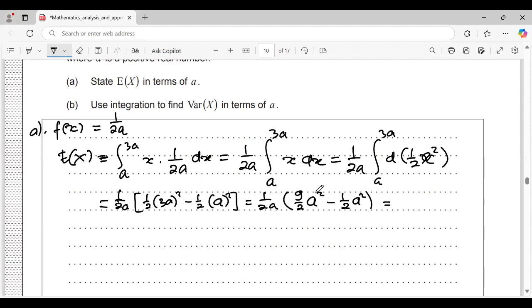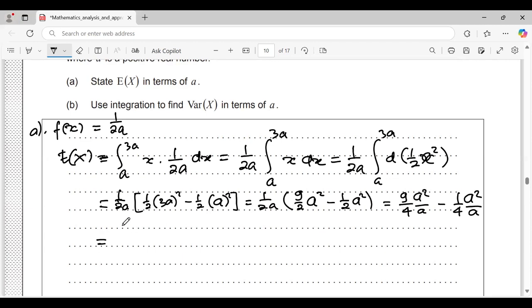Now multiply, it becomes 9/4 a squared over a minus 1/4 a squared over a.